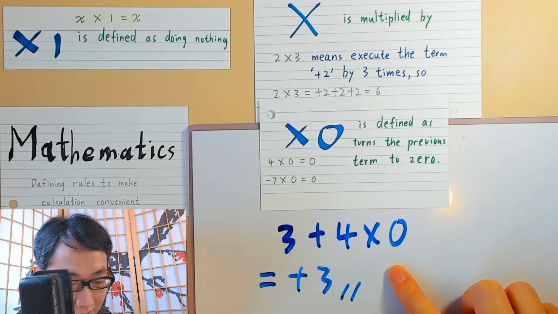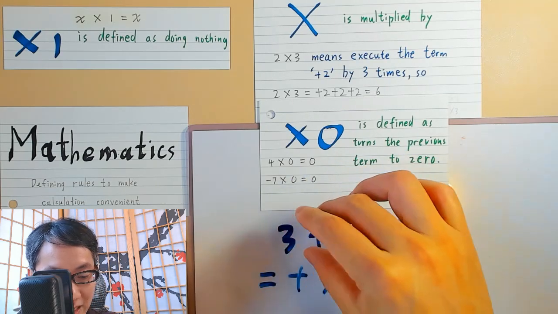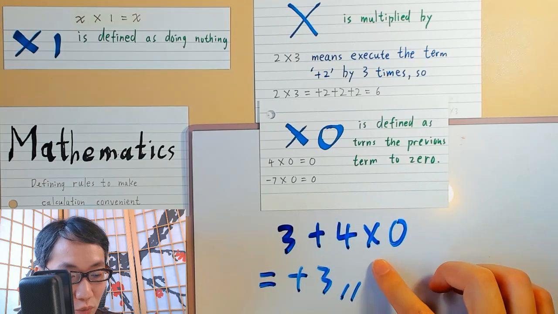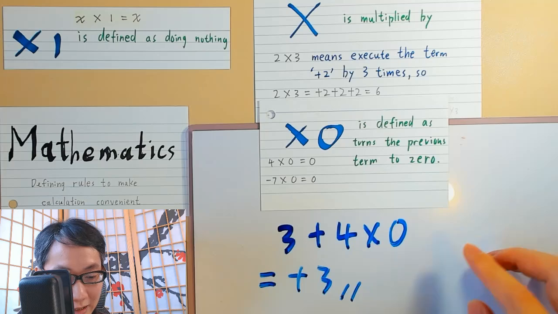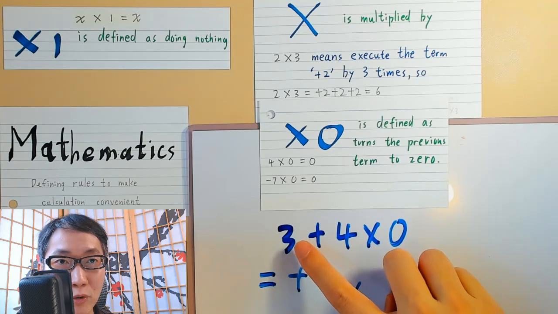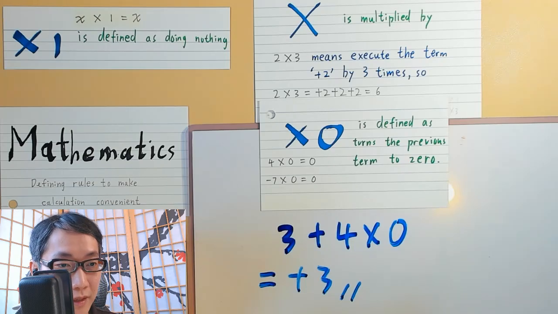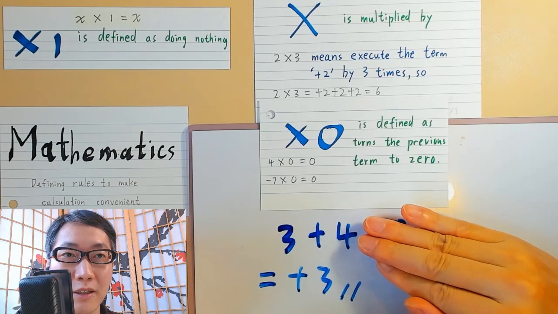And this is also why we do multiplication first. Otherwise, any accumulation of result will be all cancelled if we just multiply by 0. So it's like, I buy 3 apples, I buy 4 oranges, and without this, I have 7 fruits.